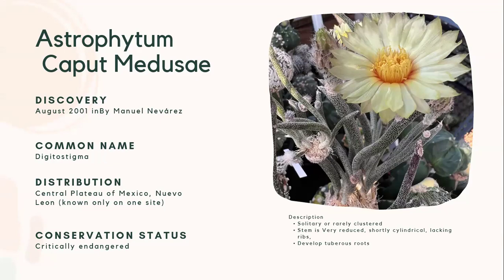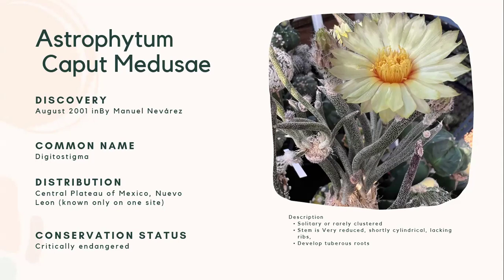And let's take a look at the body of the Astrophytum caput-medusae. It has these tubercles instead of ribs, and each tubercle will have one areole, and the areole will produce either a flower, as you can see, there's a bud forming here, or it will shoot another little baby caput-medusae.